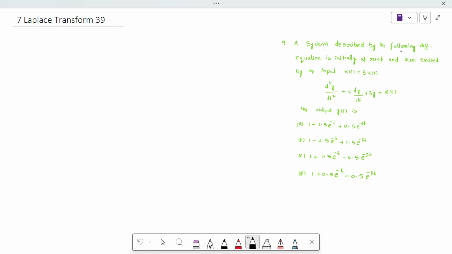The system described by the following differential equation is initially at rest and then excited by the input x of t equal to 3 into u of t. Then the output y of t is. First we should find Y of s, then apply the inverse Laplace transform, then we will get y of t. So d square y by dt square plus 4 into dy by dt plus 3y equals x, where x equals 3 into u of t.